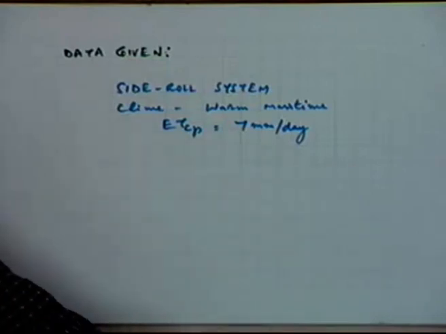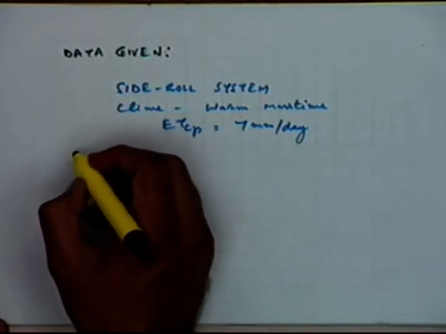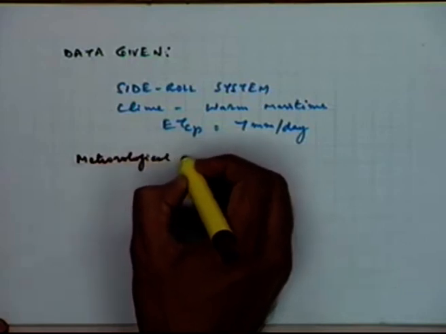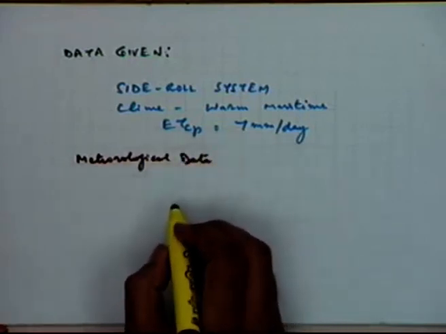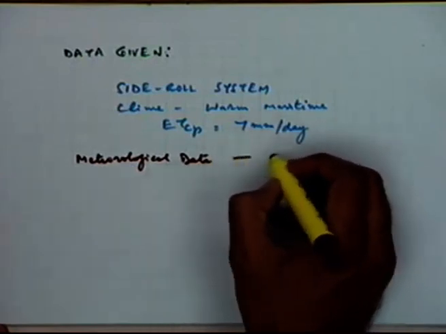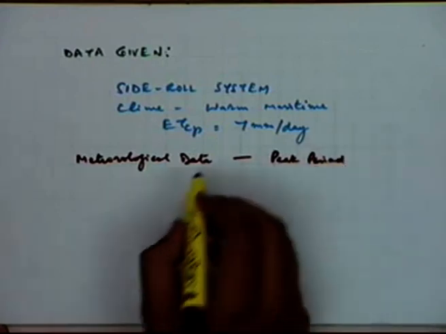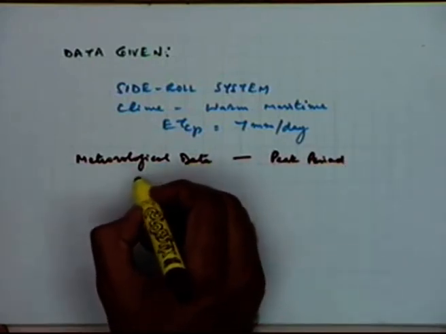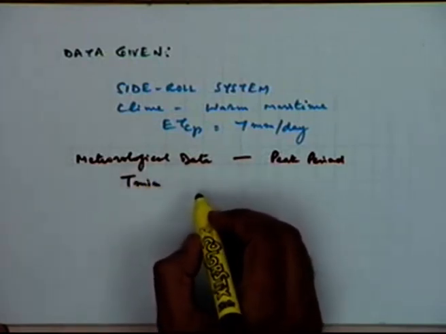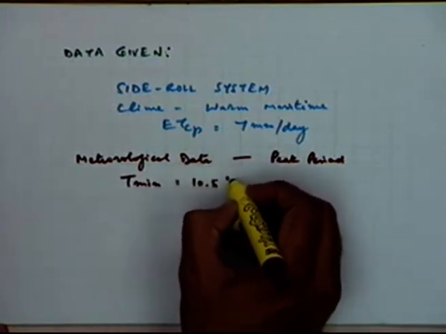Then you will need some meteorological data, and this pertains to the peak period. The meteorological data is given in the form of the maximum and minimum temperature. The minimum temperature is 10.5 degrees centigrade.